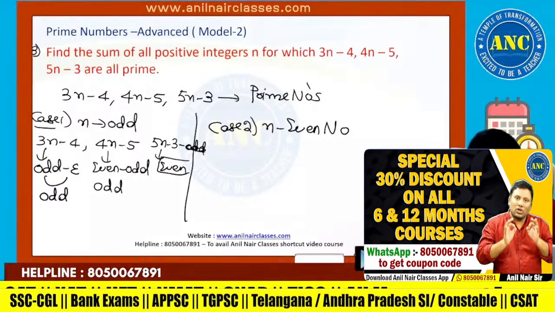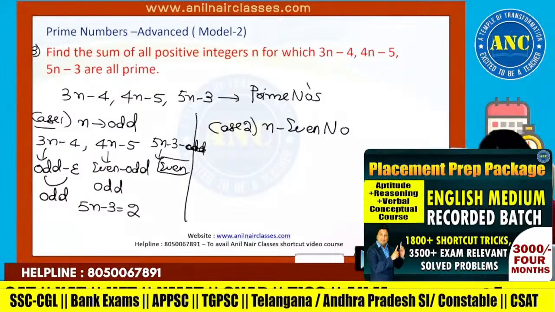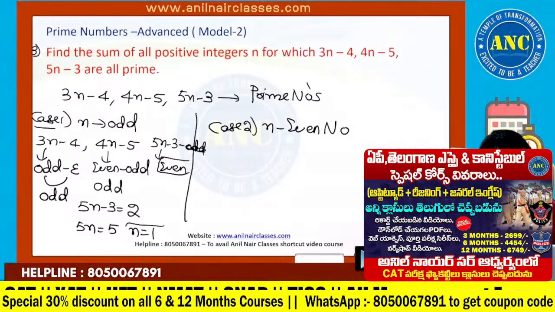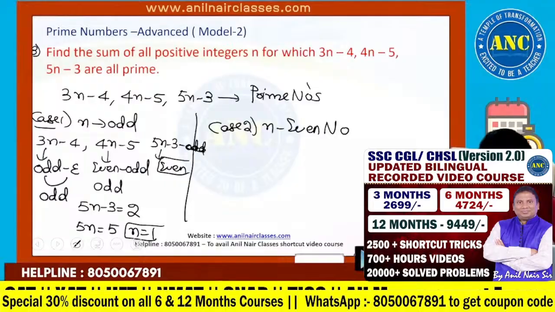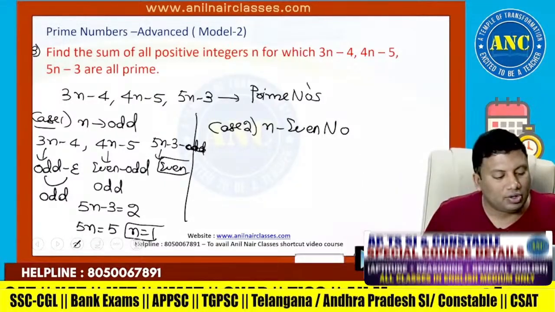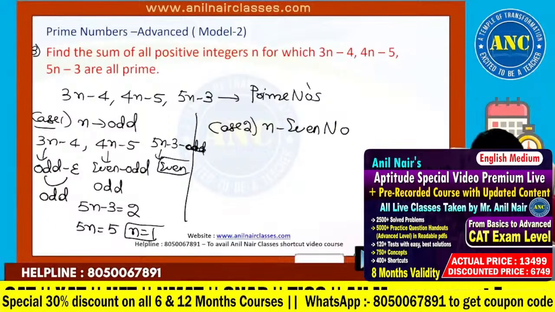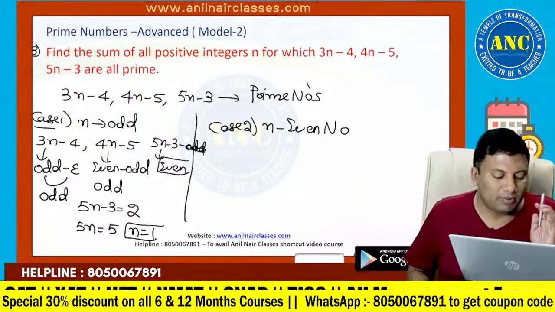I hope the idea is clear. So what is the only even number? 5n minus 3, it is 2. 5n equivalent to 5, n equivalent to 1. So if I take the case of n as an odd number: odd into odd, odd; odd minus even, odd. Odd into even, even; even minus odd, odd. Odd into odd, odd; odd minus odd, even.